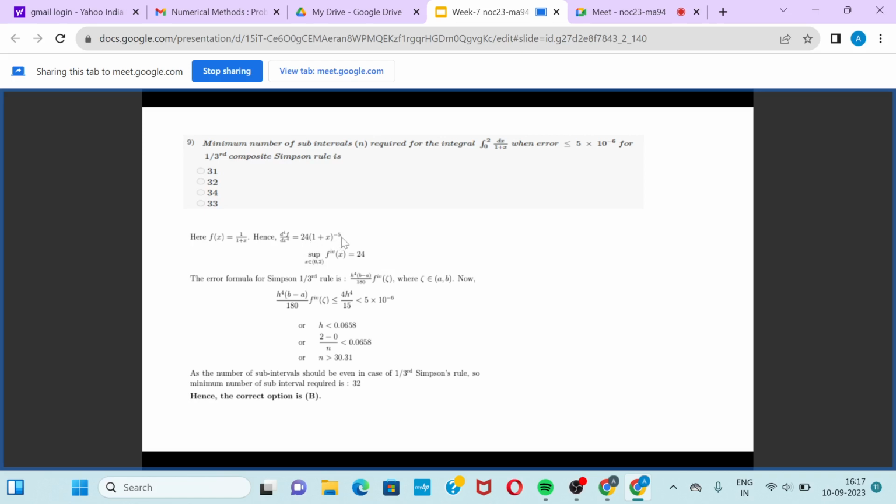Are you getting it? The ones who are trying, still check. Are you getting the fourth derivative as 24 into (1 plus x) power minus 5?